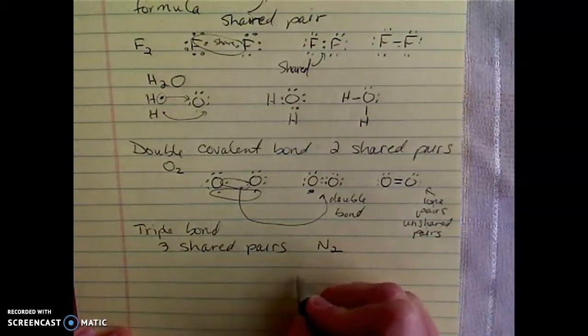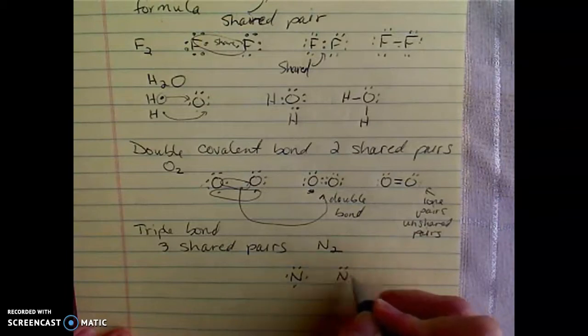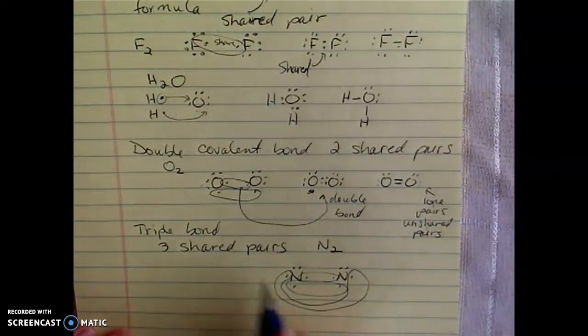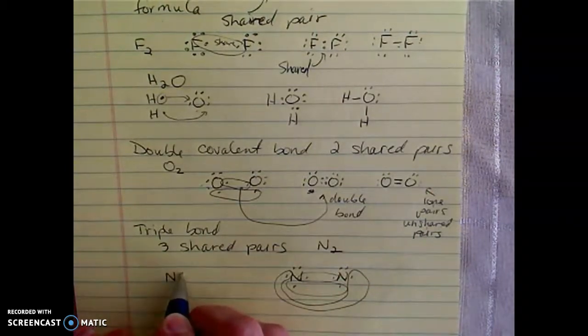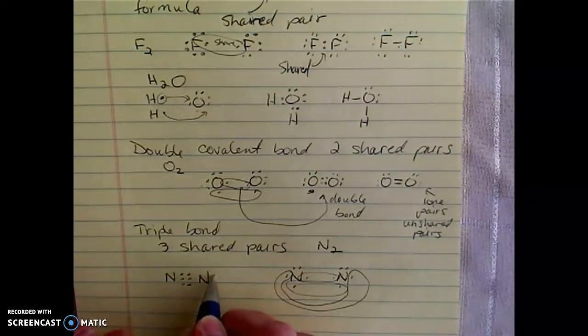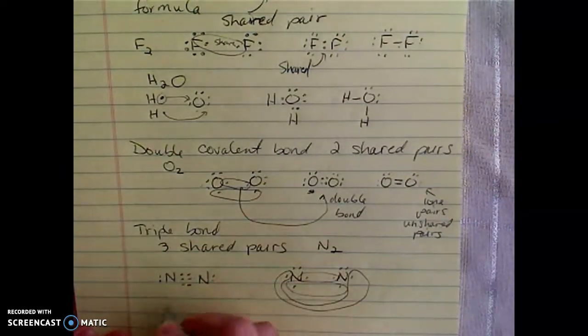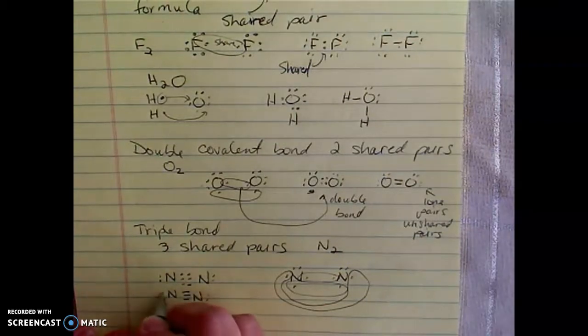So when you bring in 2 nitrogens with their 5 electrons, they each need 3. So here's 1, there's 2, and right here would be a third one. So when we draw this, you'd have your 3 shared pairs in the middle, and then a lone pair or unshared pair on the end, on the top. It doesn't matter where you place it. Okay? If you draw this as structural, you'll have 3 lines and then your lone pairs.